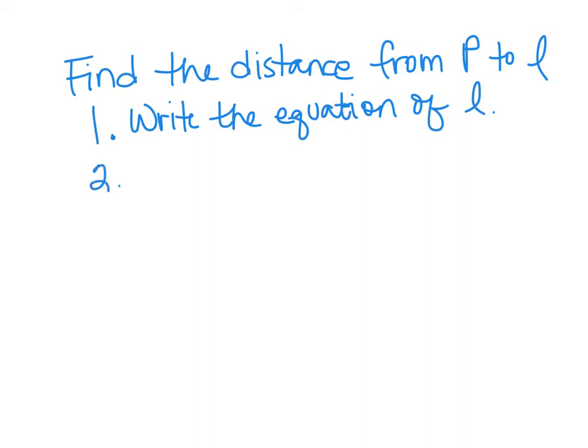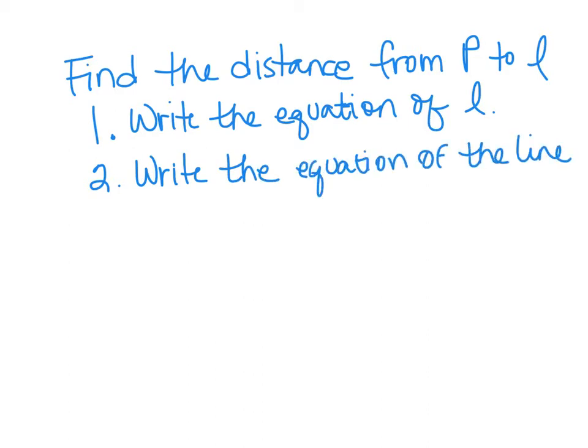Then you're going to write the equation of the line perpendicular to L through point P. So once we know the slope of L, we take the perpendicular, which is the opposite reciprocal. Then we're going to use P, point slope form, and figure out that equation.